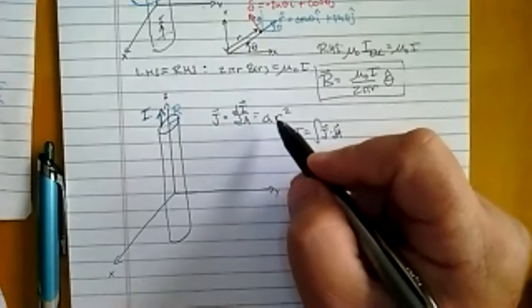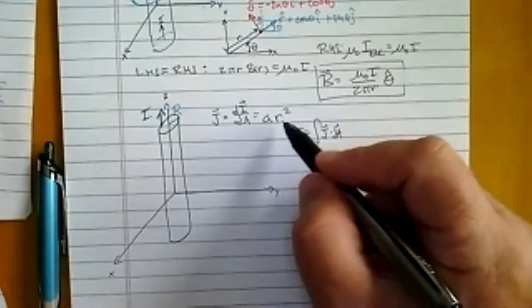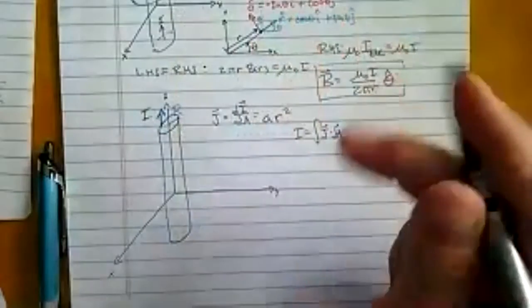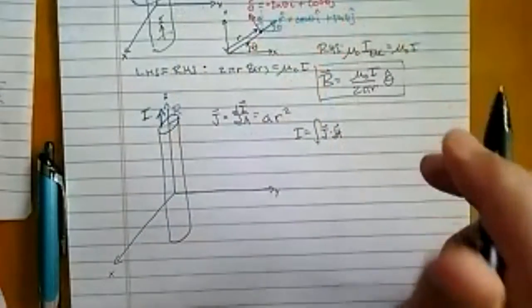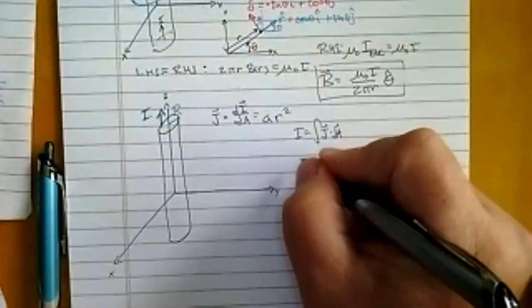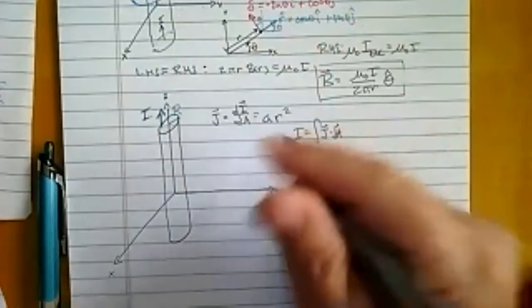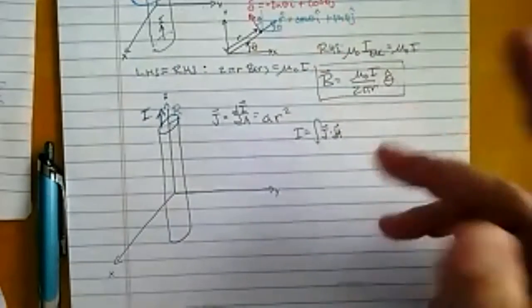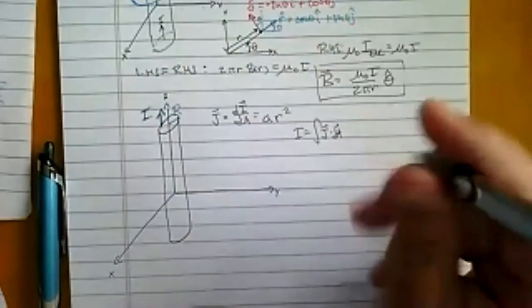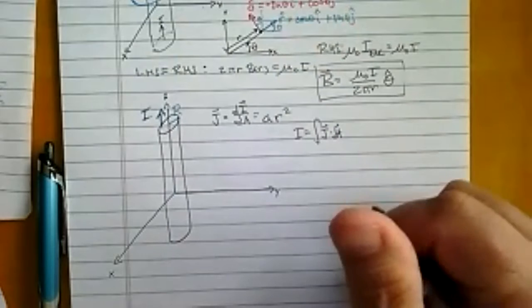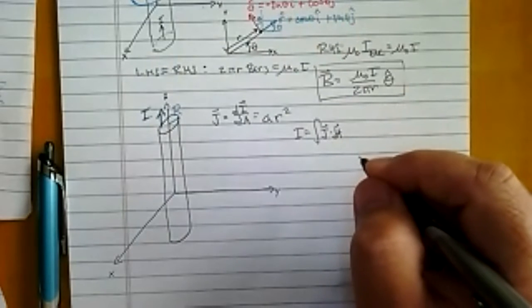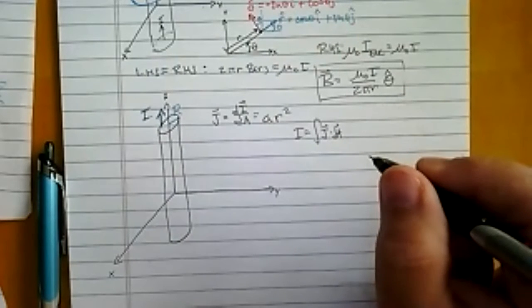Now I see that J, which is what we're going to integrate, changes as a function of R. So I can't have a macroscopic change in R. I have to have an infinitesimal change in R. So I need something that's radially quite thin, but it can be as big as it wants in the theta direction, the azimuthal angle direction if you want, and as big as I want in the K direction or the Z direction if I wanted.